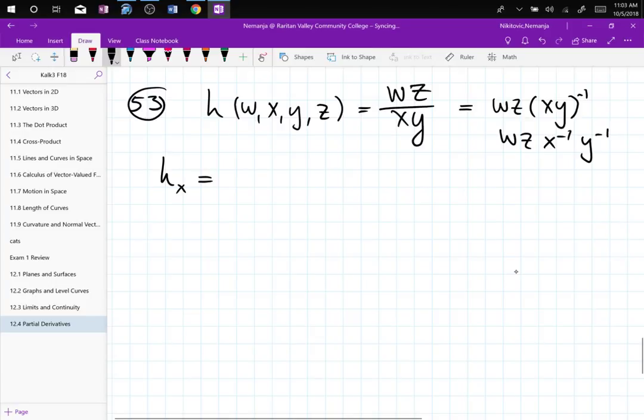Please note that this is the only place where you have a variable. The rest is a constant. So immediately, wz over y is a constant, and I just need to take the derivative of x to the minus 1, which is minus 1 times x to the minus 2, which is technically x squared in the bottom. So, negative and x squared, and we're done.